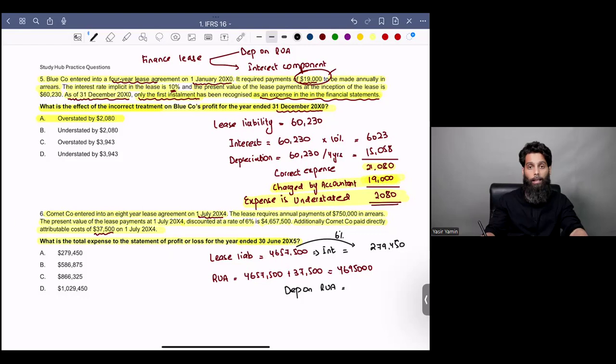And then you calculate depreciation on the RUA just by dividing the carrying value of the RUA by 8 years. What is the depreciation, guys? 4,695,000 divided by 8 is 586,875. Very good.